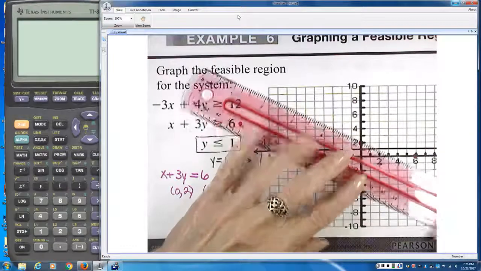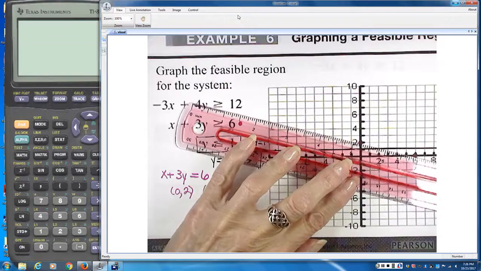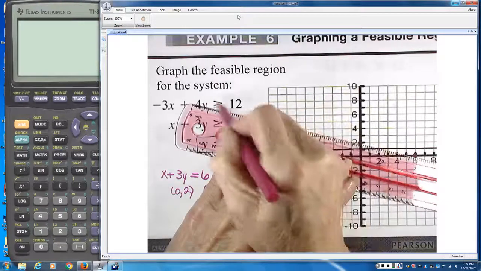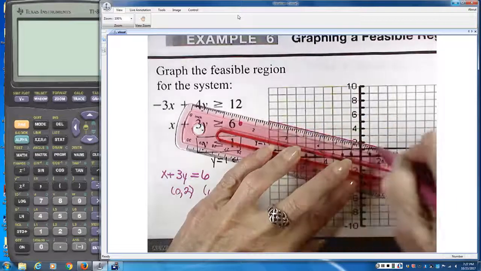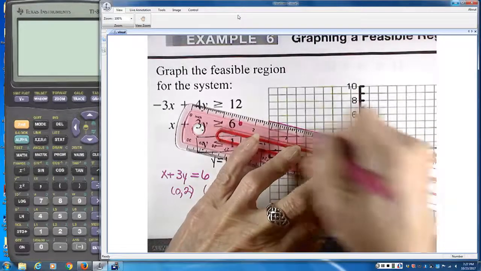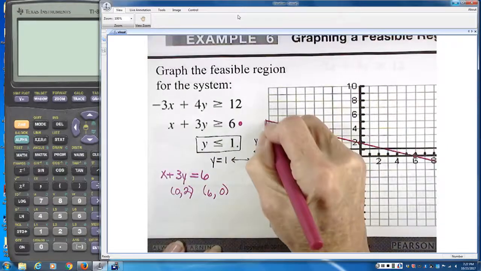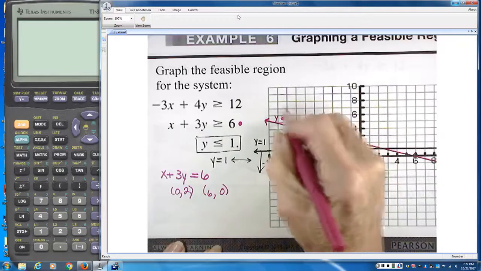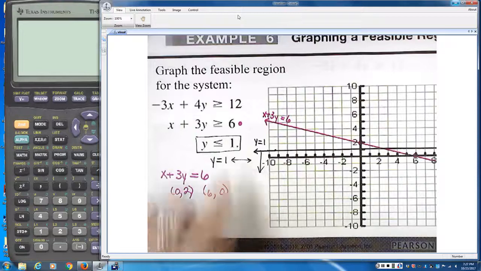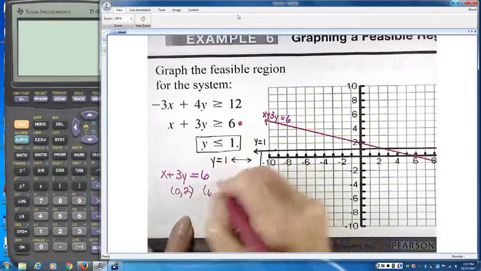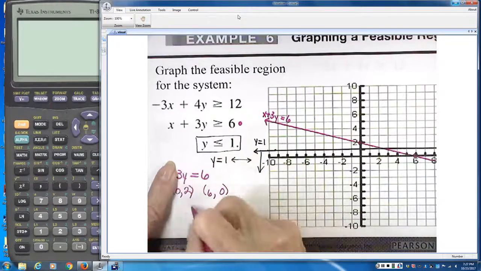Draw your line. It's going to be a solid line, filled in, because it's equal to or greater than. And 0, 0 says 0 plus 0 would be equal to or greater than 6.